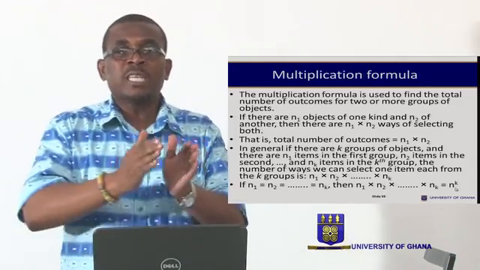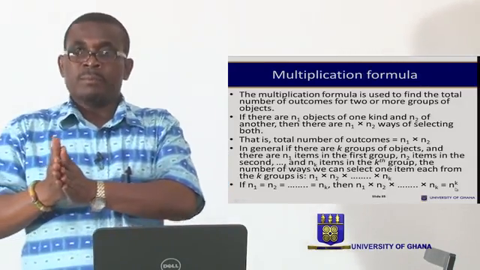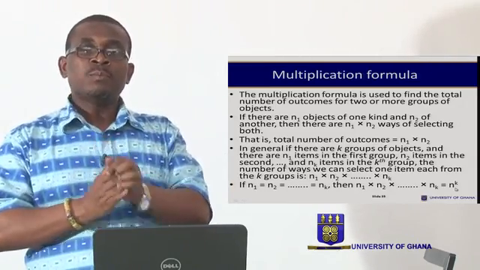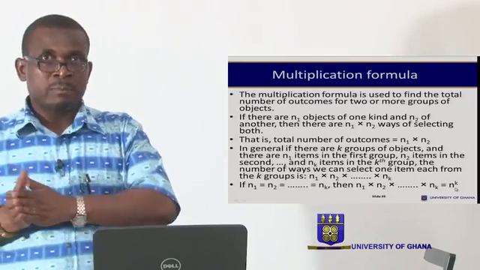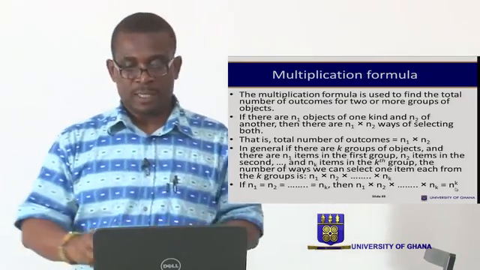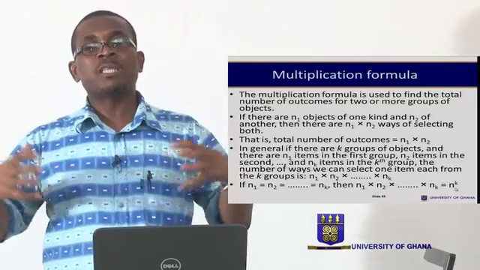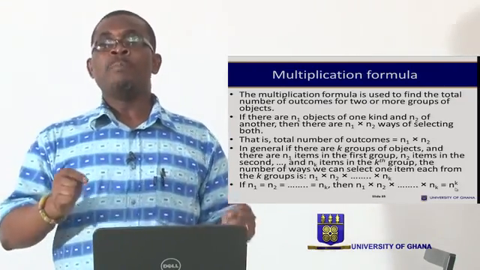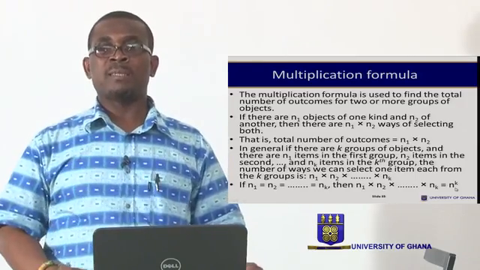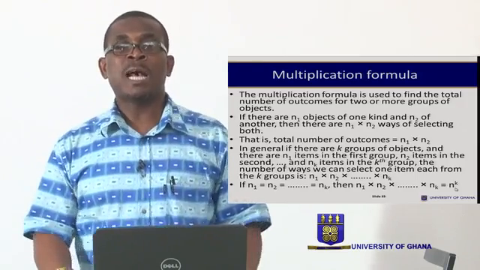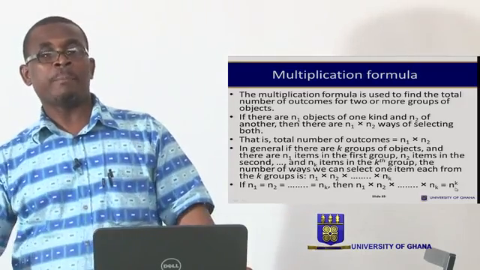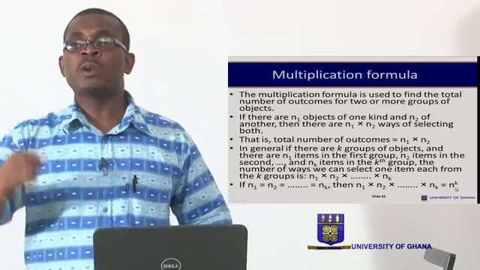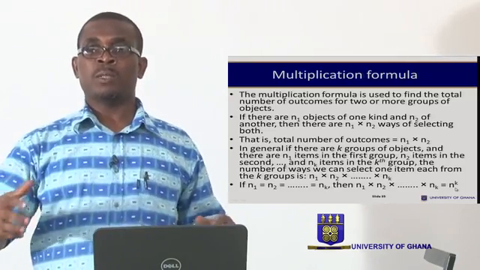So of each kind, there are 10 of them. So n1 is 10, n2 is 10, up to n7. To find the maximum number of customers MTN can have using 024, it is 10 raised to the power 7, which is 10 million. As soon as you hit that number, you cannot get an extra customer. That's why they changed to 054, right?